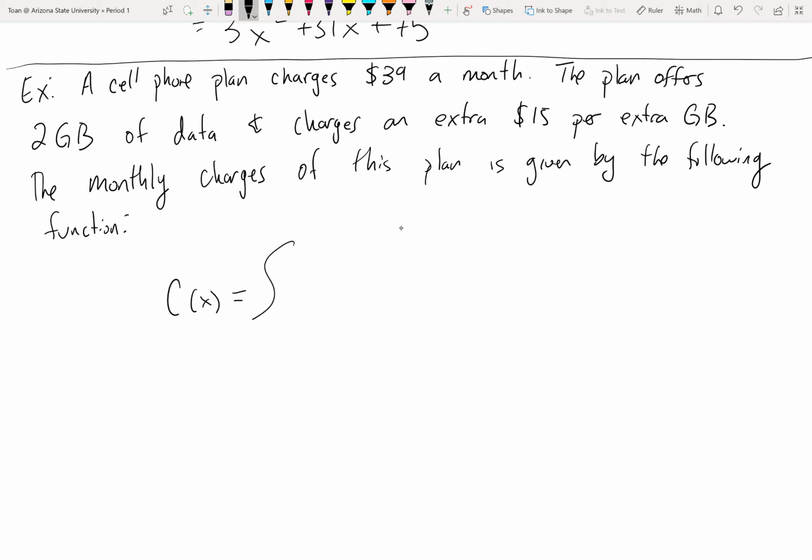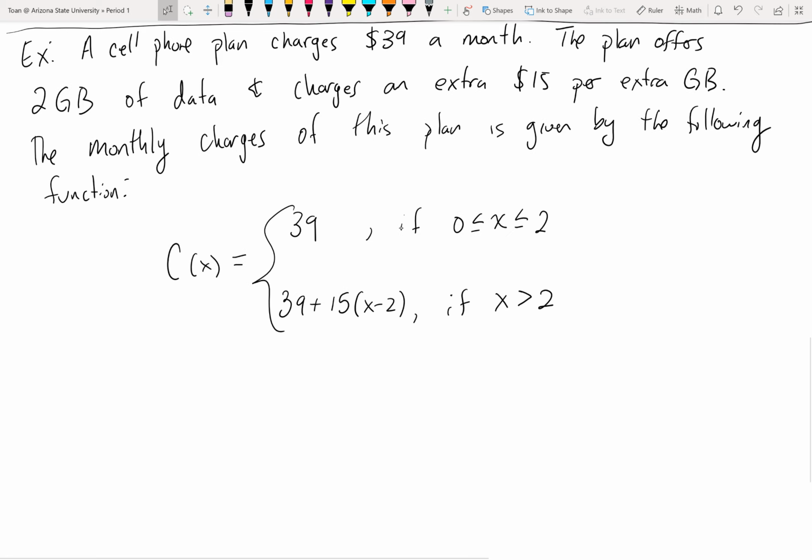So c of x equals, curly bracket, 39, if 0 is less than or equal to x, which is less than or equal to 2, and then 39 plus 15 times the quantity x minus 2, if x is greater than 2. Where x is the number of extra gigabytes used.